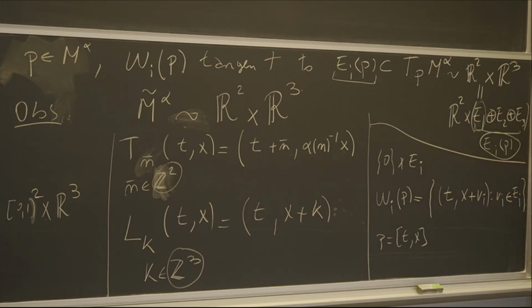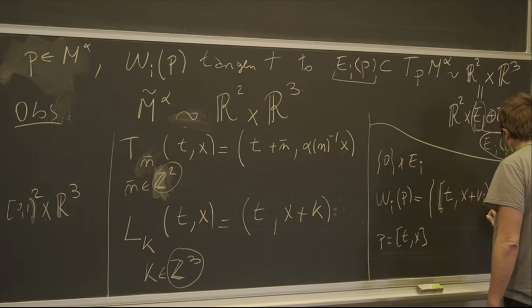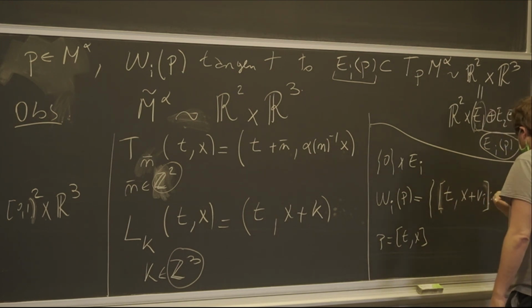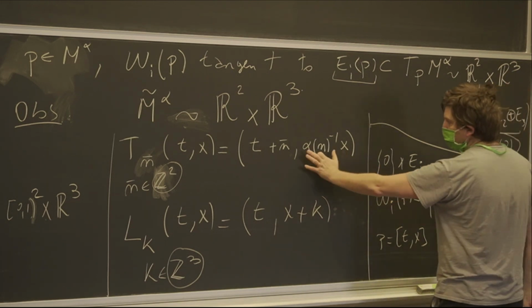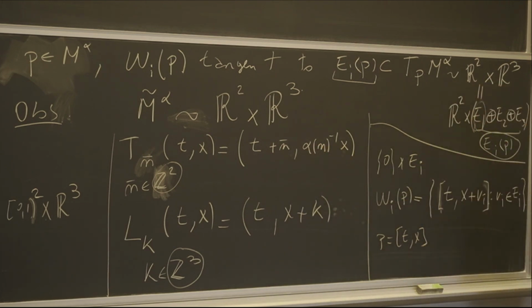Okay, so that's a very precise definition, and I should put here the vertical brackets. And of course, one should show that this is well defined, so independent of the choices of Tx. But the fact that these are well defined is more or less what I said about being invariant by this alpha of m.